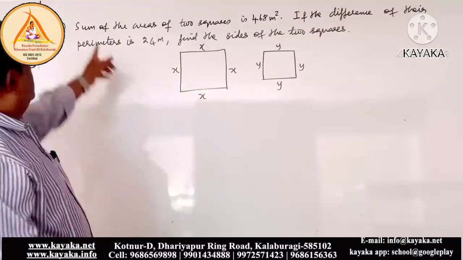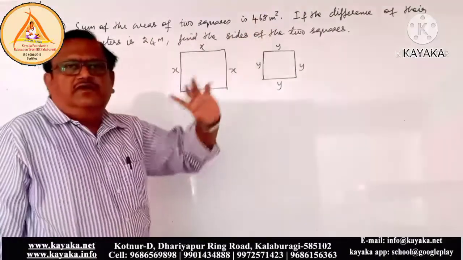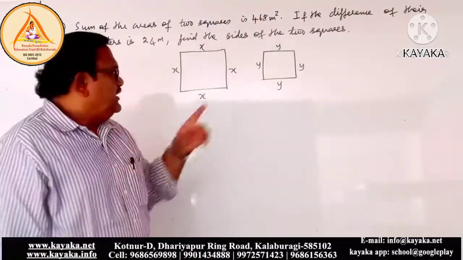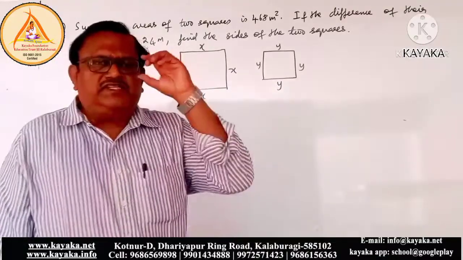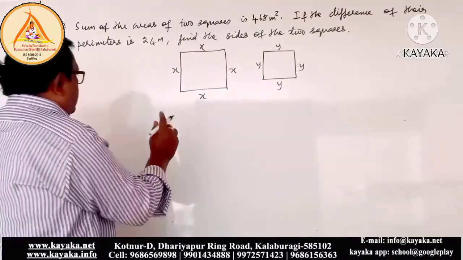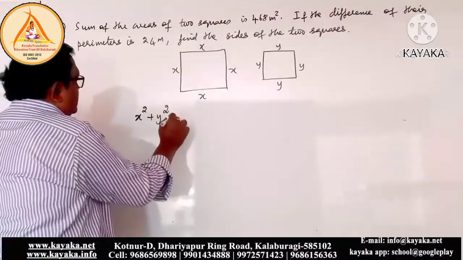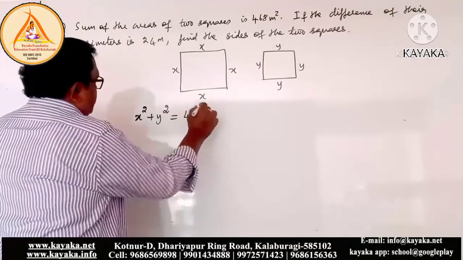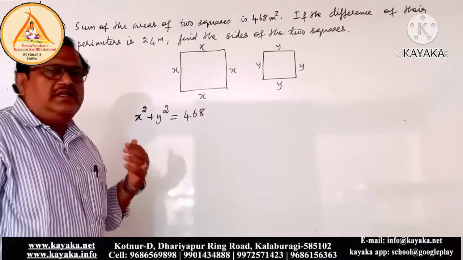Sum of the areas of two squares is 468 meter square. Therefore, area of the first square becomes x square, and area of the second square becomes y square. Therefore, the sum of these two areas gives x square plus y square equal to 468.